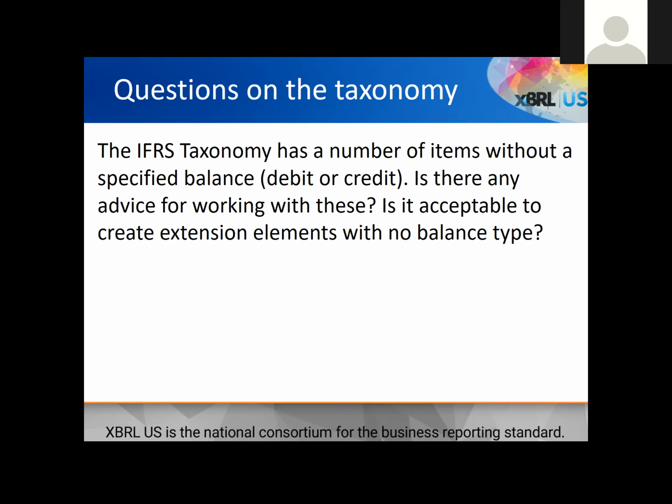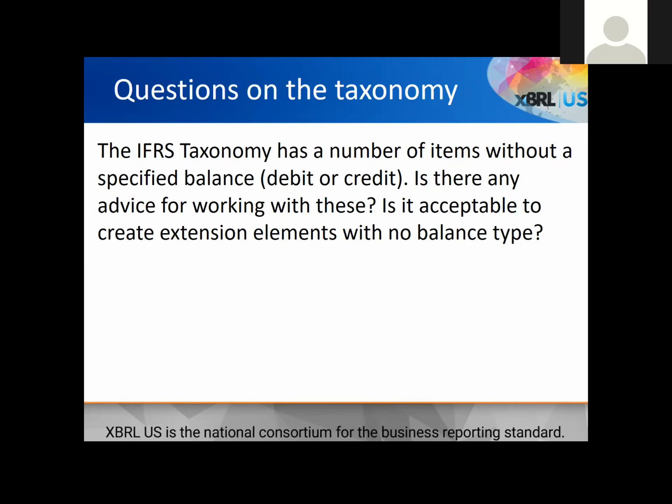The majority of the elements that do not have a balance type specified may appear in more than one location, and depending on that location, the sign with which they're reported might vary. So rather than give a balance type that might conflict with the location of that reporting, we leave the balance type neutral so that a preparer may use the item in the relevant location regardless.